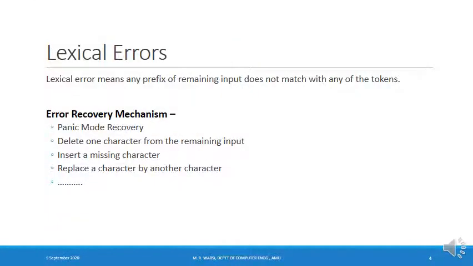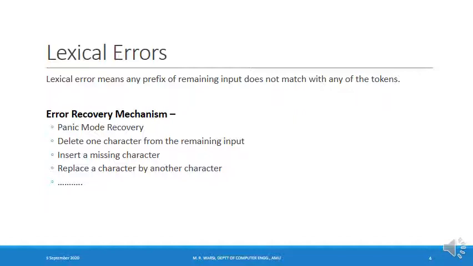When lexical analyzer receives input which is not matching with any of the token, then we say that lexical error has occurred. Errors which occur during lexical analysis phase, those errors are lexical errors. Now we'll take few examples of errors and we'll try to analyze whether they will be caught during lexical analysis phase or not.